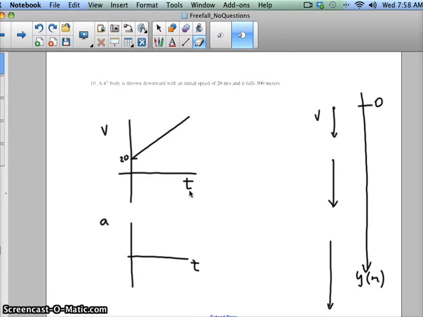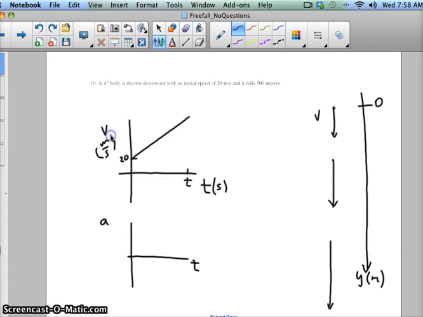I don't know my time, so I'm going to call that T for time. Time is measured in seconds, velocity in meters per second, acceleration in meters per second squared. My acceleration graph looks no different than any other in this section of the class.